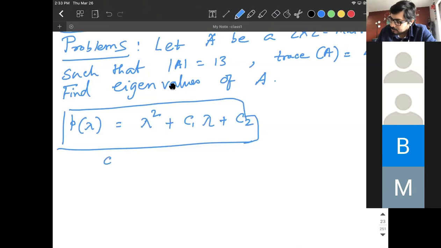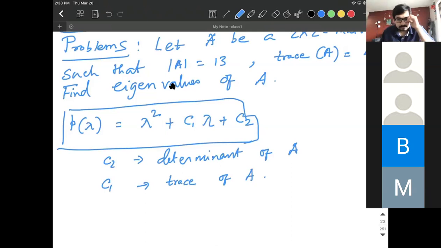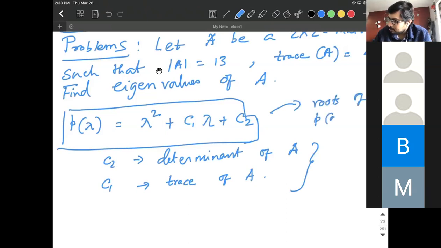Now, remember that C2 is the determinant of A, and C1 is given by the trace of A. Now, the roots of this equation, the roots of P of lambda, give the eigenvalues.